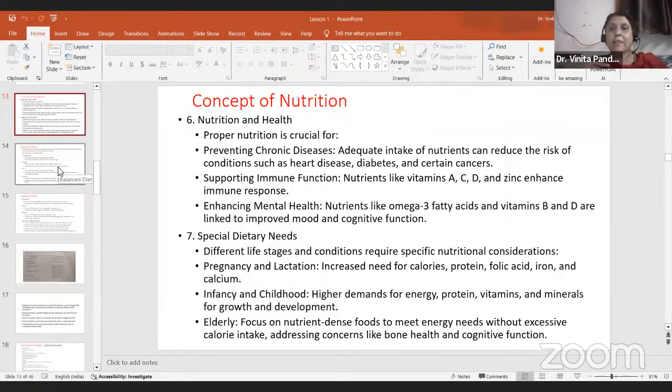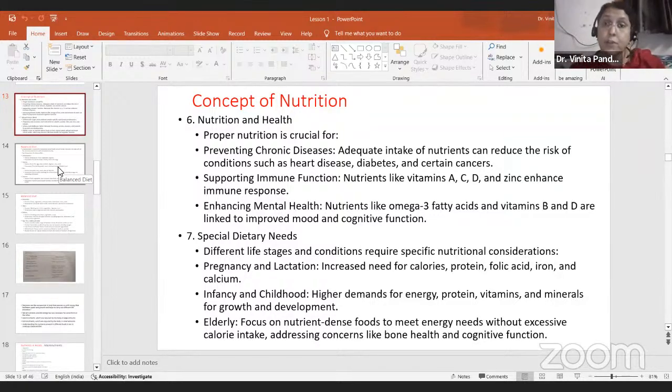So good health is a combination of multiple factors, and one of the most important factors is nutrition. So nutrition helps us to prevent chronic diseases. It helps us to strengthen our immune system.